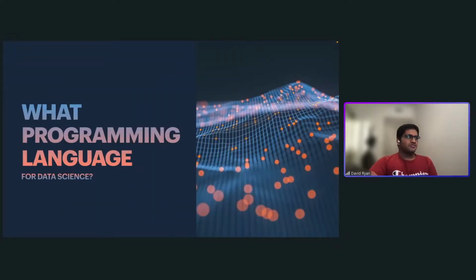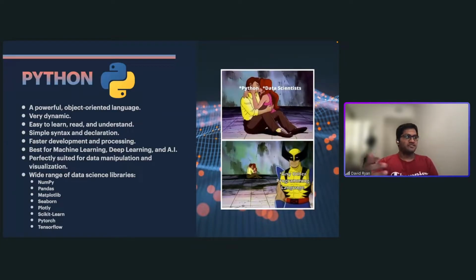So here's the thing. What is the programming language for data science? Hint, hint, it's actually the whole title of this workshop, and it's Python. Python is a powerful object-oriented language. As you all heard, it's very dynamic, it's easy to learn, read, and understand. It has very simple syntax and declaration.